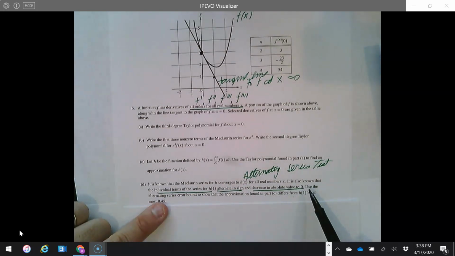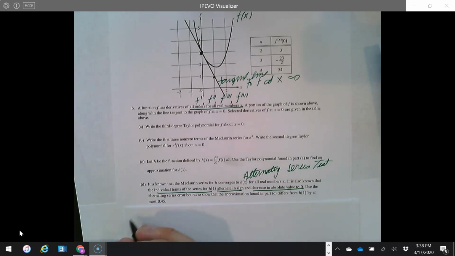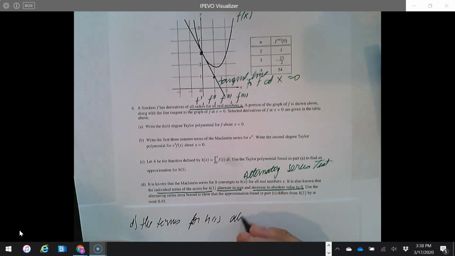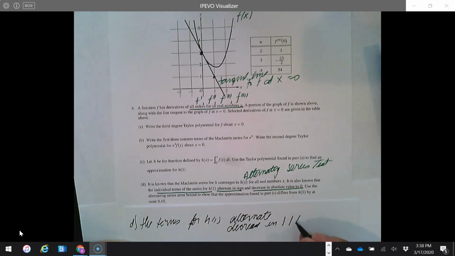It is also known that the terms for h of 1 alternate, meaning they switch from positive to negative, and then they decrease in absolute value to 0. Those two things together tell me that the alternating series test applies.